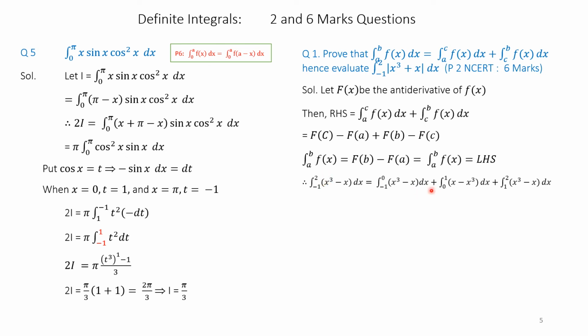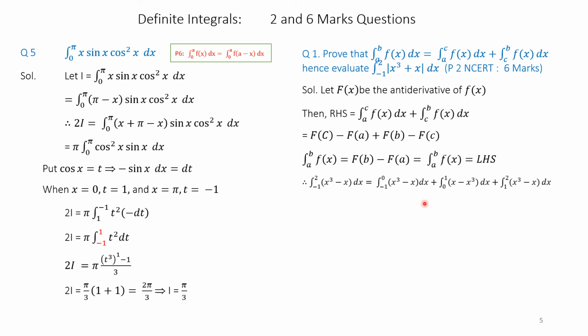So we will take three limits: minus 1 to 0 of x cube minus x dx, plus the integral 0 to 1 of x minus x cube, because in this range x cube minus x is negative, so it is written as x minus x cube, plus the integral 1 to 2 of x cube minus x dx.